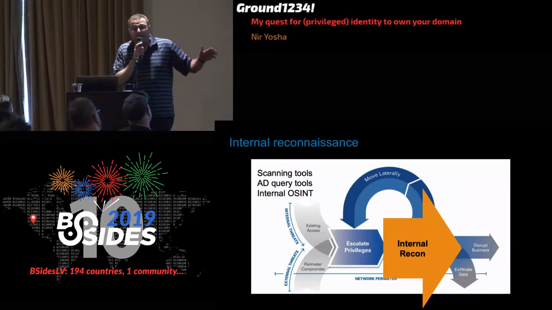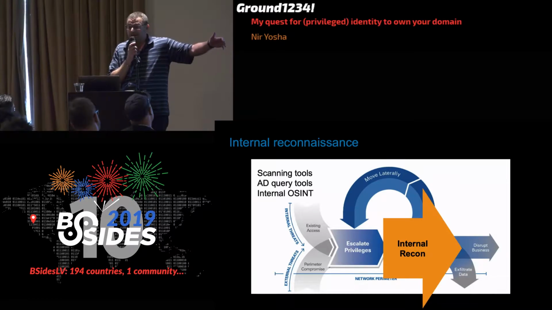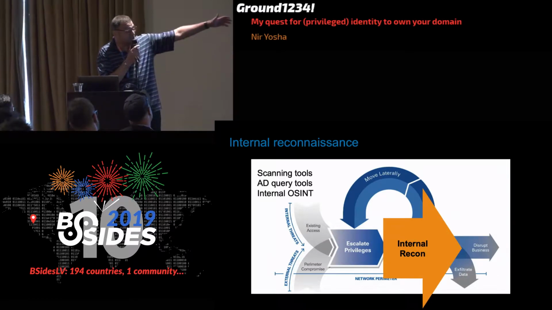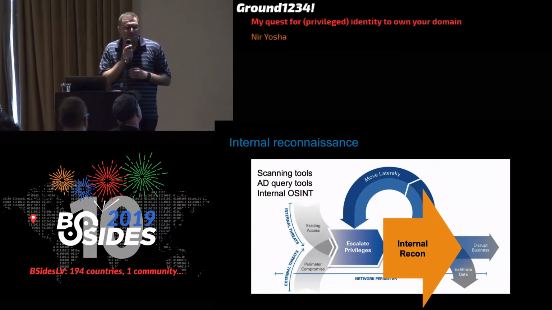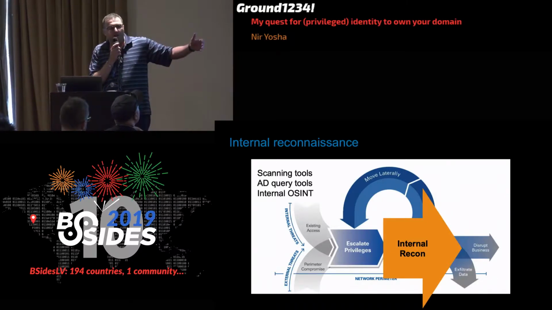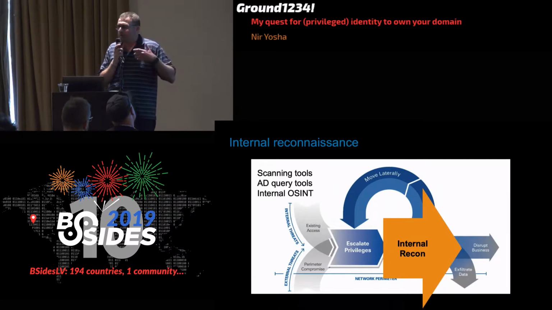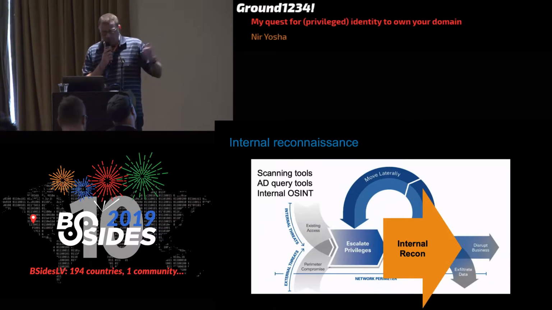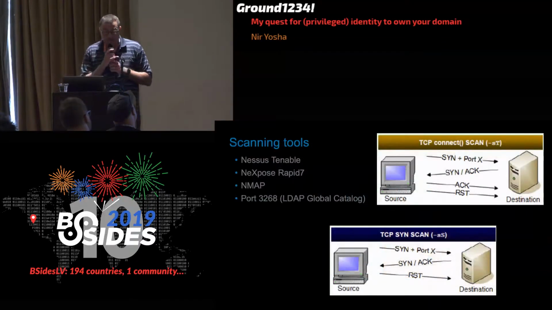Now, if we're not lucky to get those local administrators' passwords working for us, we will start with internal reconnaissance. Coming in from threat intelligence, it's very similar for the bad guys when they get into the network to look for intelligence gathering the same way they do it when they are outside the network. There are scanning tools. You can leverage Active Directory, and you can look for other evidence within the network.